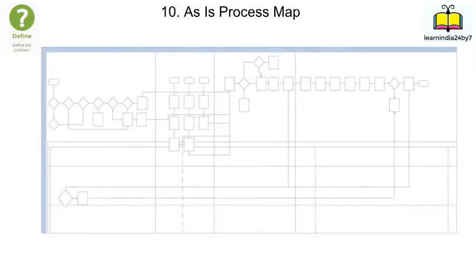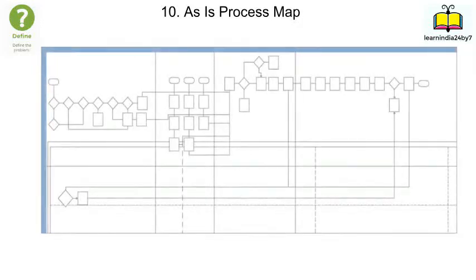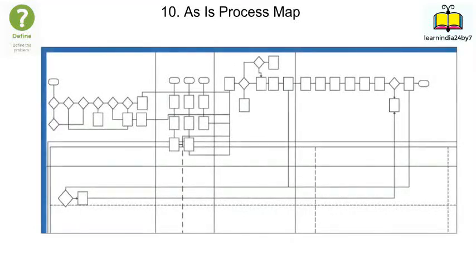The Six Sigma team further developed the as-is process map. The as-is process map has many failure points, and there are more than 40 steps in the current process, which has a direct impact on cycle time.